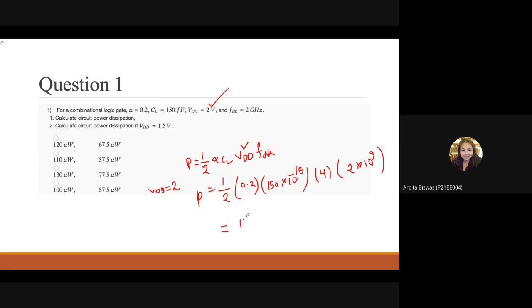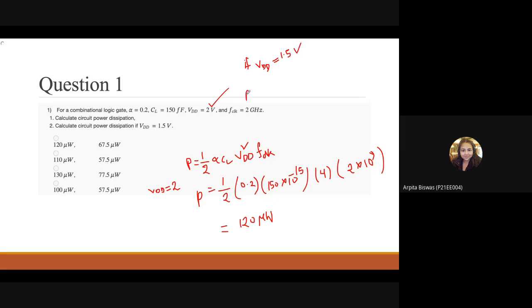Yes, 120 microwatt. Now the same way you just have to find out the P value where the VDD is equal to 1.5. Now tell me the right answer. So if the VDD equal to 1.8, oh sorry, 1.5, the second one, then tell me what is the value of this power dissipation.